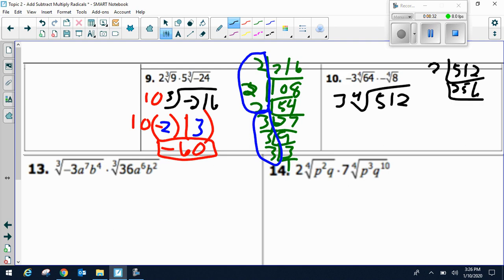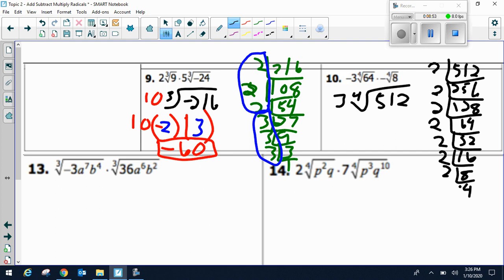Divided by 2, you get 128. Divided by 2, you get 64. Divided by 2, you get 32. Divided by 2, you get 16. Divided by 2 to get 8. Divided by 2 to get 4. Divided by 2 to get 2. Divided by 2 to get 1.